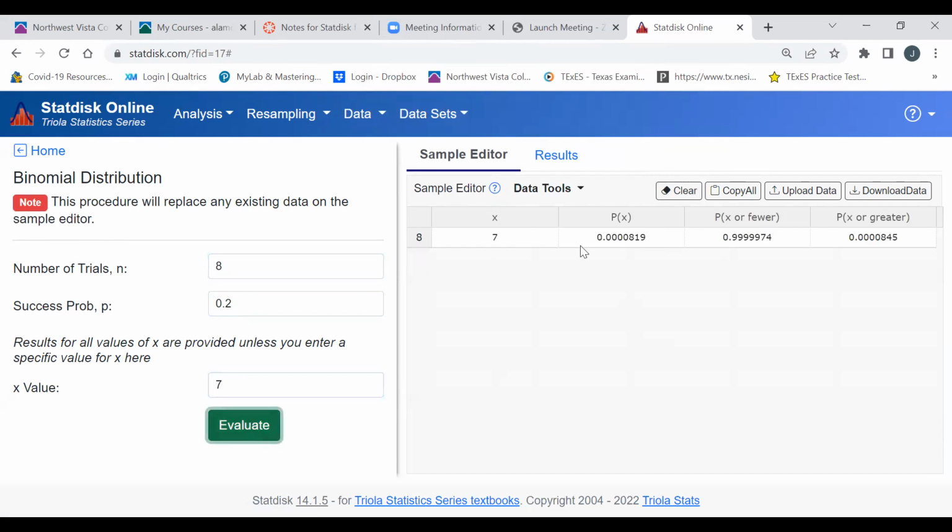I hit evaluate, and presto, it gave me the line that has the 7 as my random variable X. All I have to do now is find the value that corresponds to the column that was labeled exactly. It was the second one. The second one, the P of X, had the exactly label on top. So there's my number, and I have to round it to 3 places.